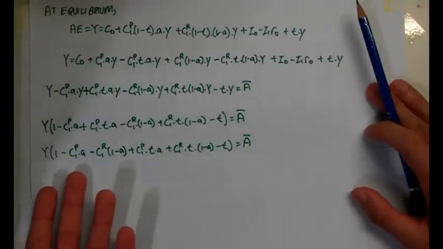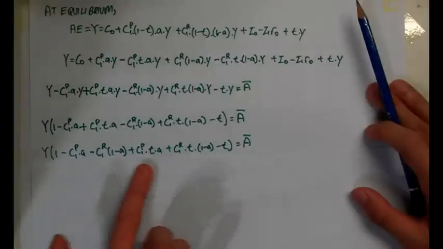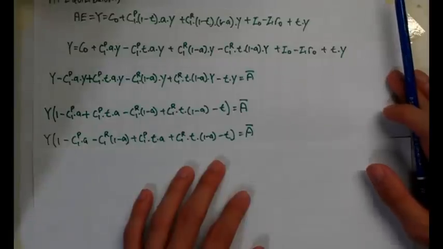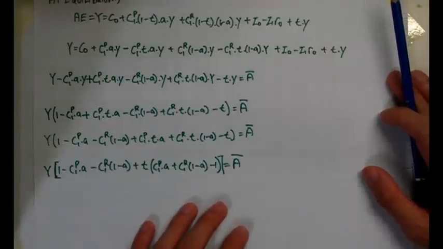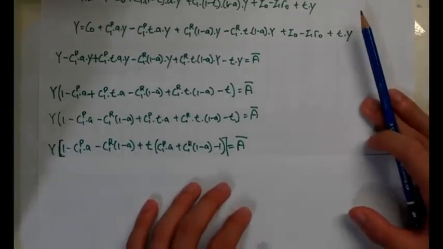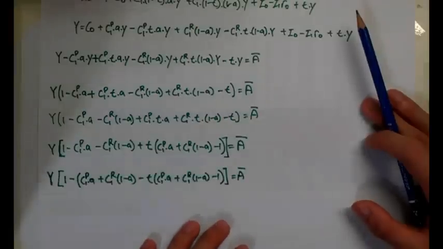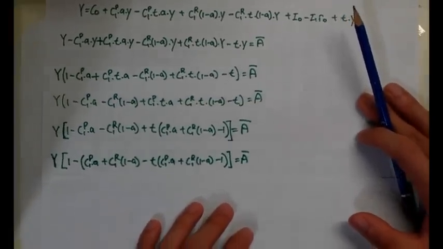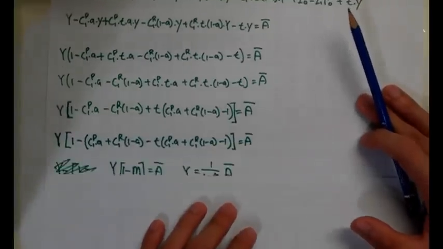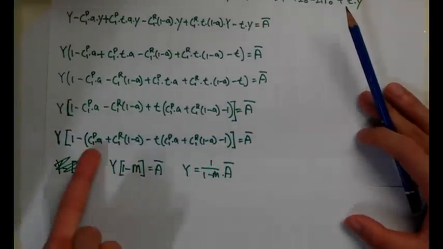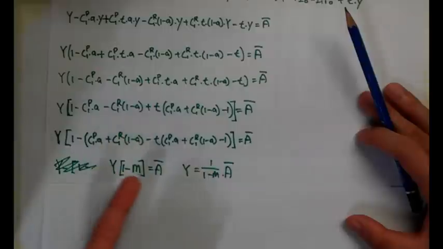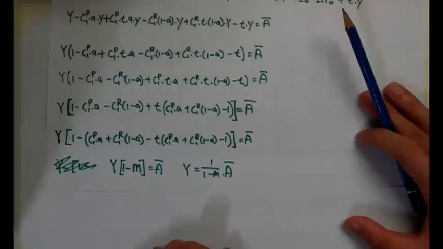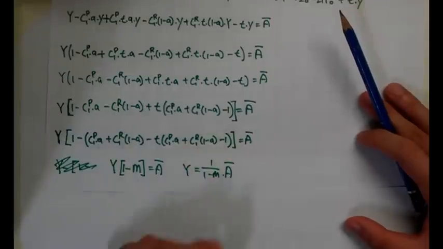And then I got this. And then I got this. And finally this. I'm just going to substitute all of this into this thing called m, and bring this down. So that is my multiplier.